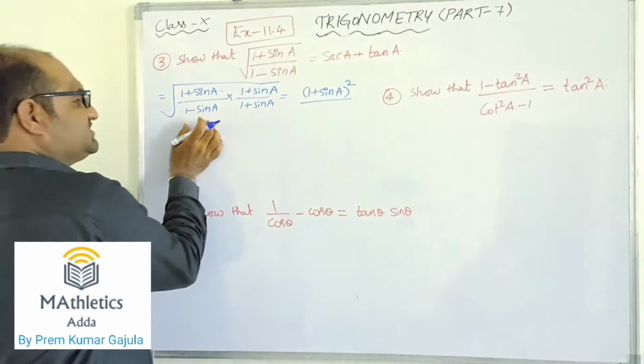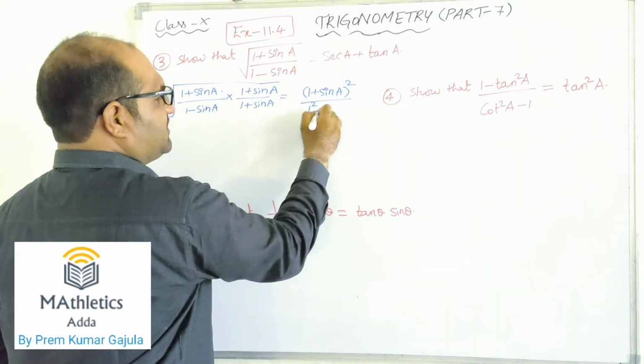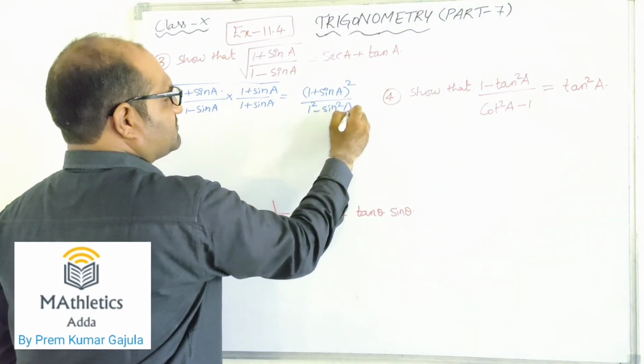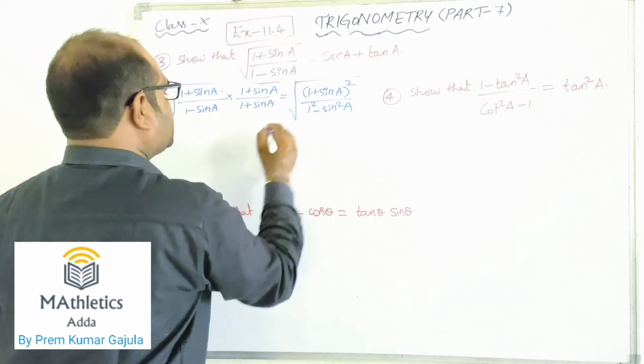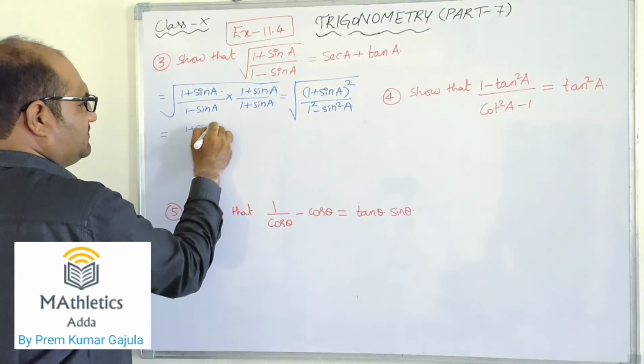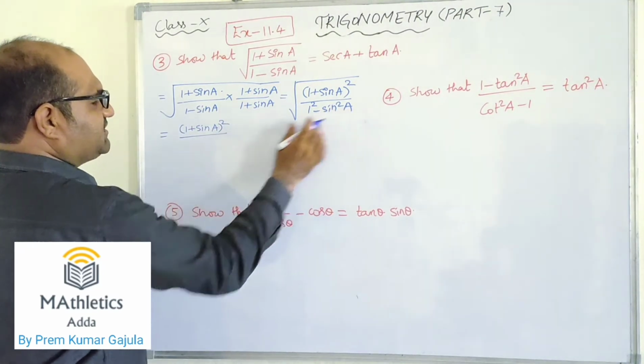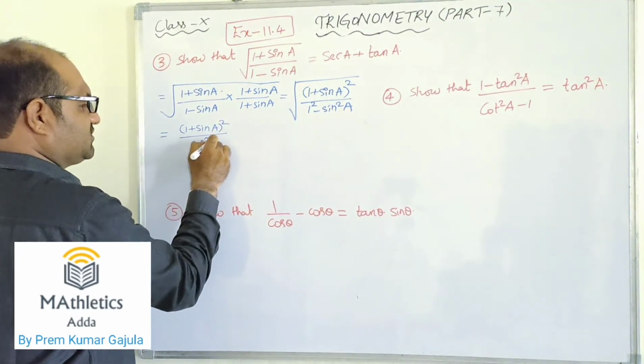By, this is in the form of a minus b into a plus b, that is a square minus b square. Square root is there, so write square root. The numerator is written as it is, 1 plus sin A whole square, by 1 minus sin square A, we can write it as cos square A.